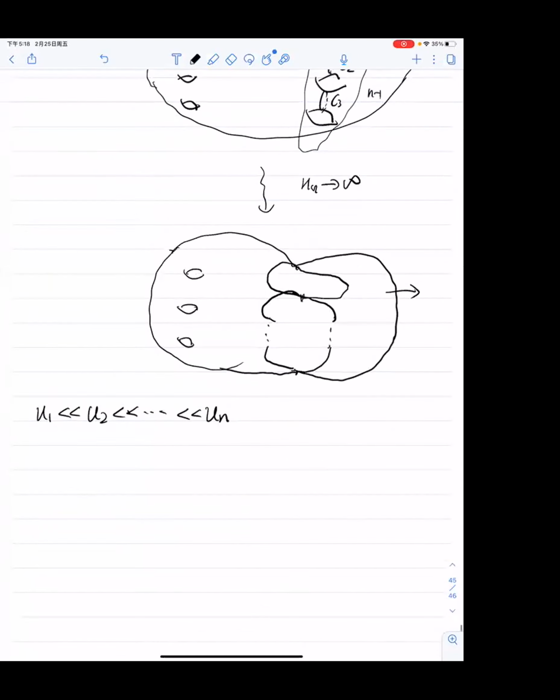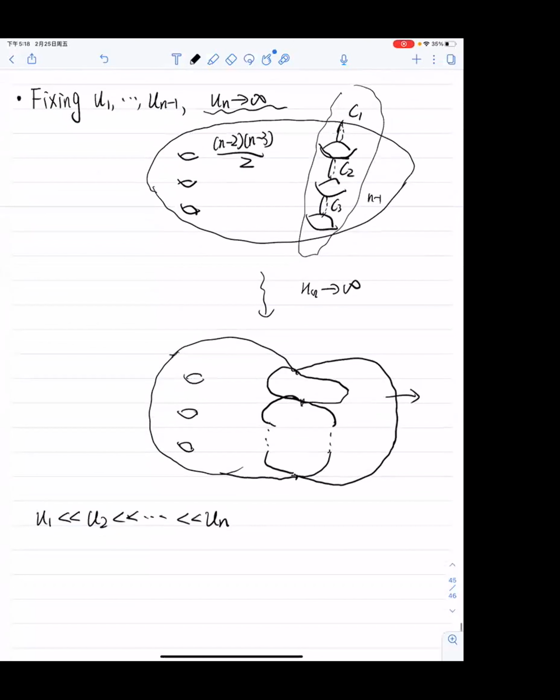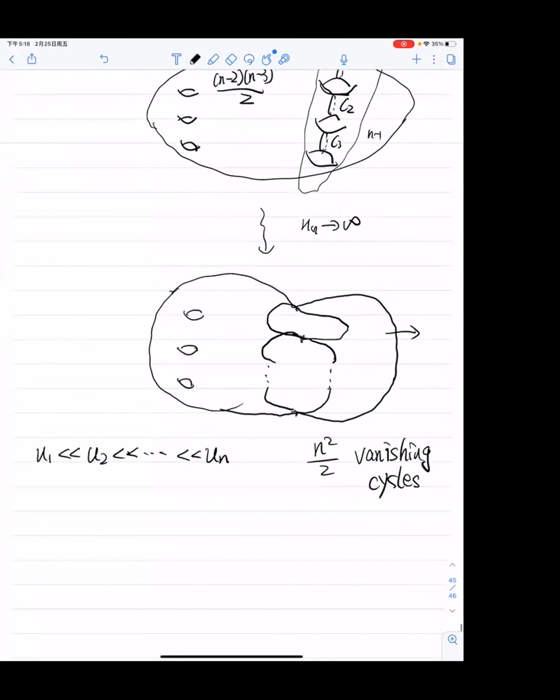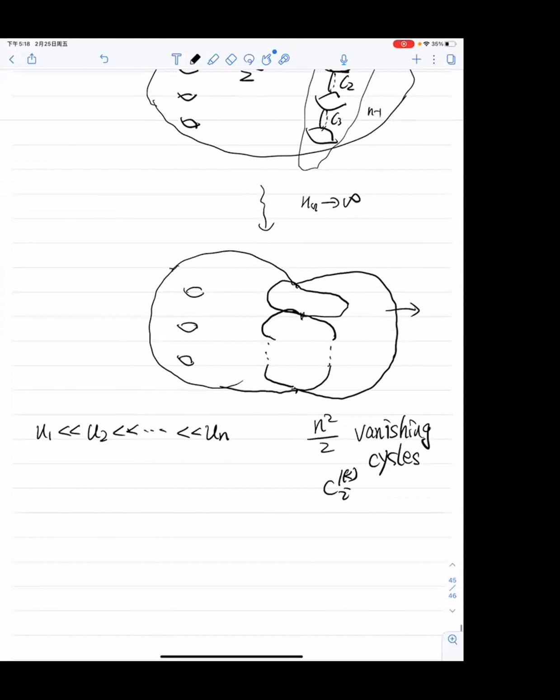And on this degenerate curve, we have in the end more or less n squared over 2 canonical cycles, which come from the vanishing cycles. Let's label them by C_{k,i}. And it's also not hard to compute. We'd better call them V_{k,i}.